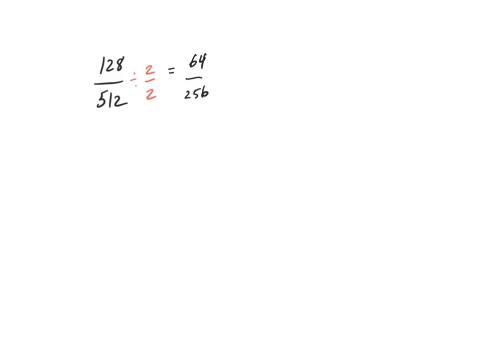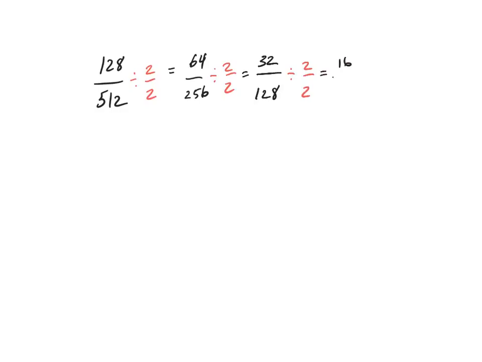If you recognize that they're both even numbers but don't see any other common factors right away, go ahead and divide by 2 over 2 again. 64 divided by 2 is 32. 256 divided by 2 is 128. I again recognize that they are even numbers, but I don't know any common factors, so I'm going to continue dividing by 2.